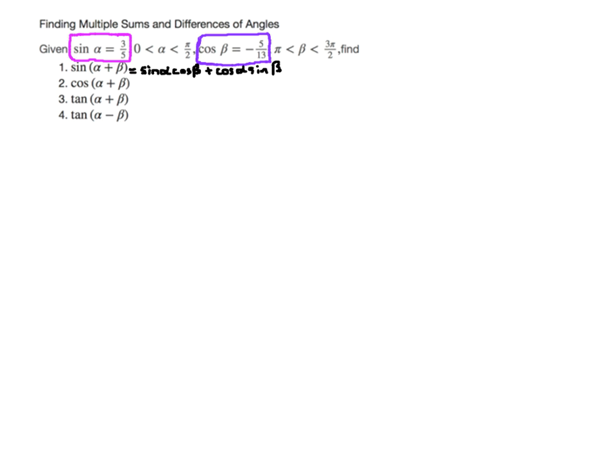We know what the cosine of beta is, but we don't know what the sine of beta is. So we've got to use the Pythagorean theorem in a right triangle to get the other one that we don't have. Let me finish off these formulas here. So this is cosine alpha cosine beta minus sine alpha sine beta.